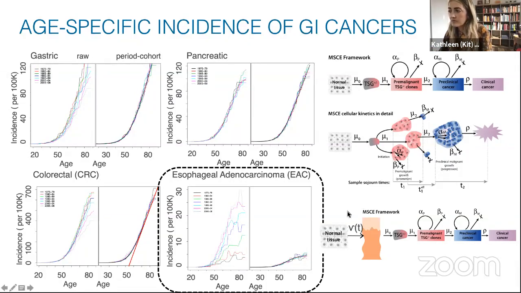You actually go through a precursor phase called Barrett's esophagus. And so we include another transition in this model that has this rate nu of T that can depend on age. And that gives this characteristic turnover effect in the incidence curve. So I'm going to be focusing on this type of model for esophageal adenocarcinoma in particular.